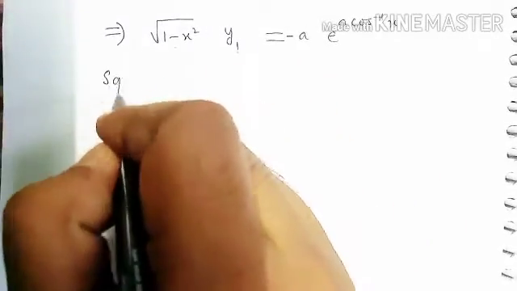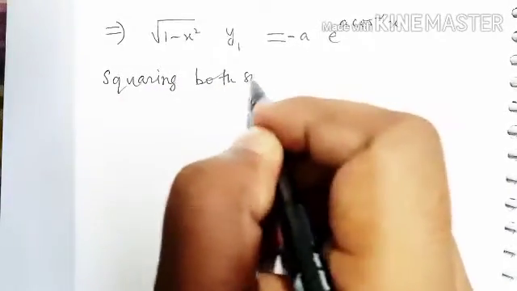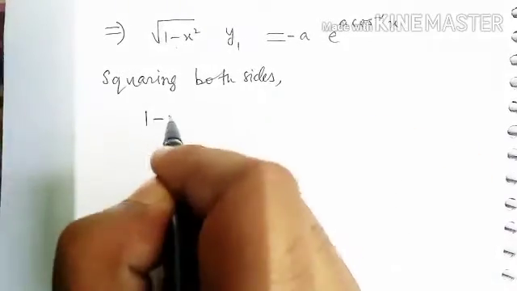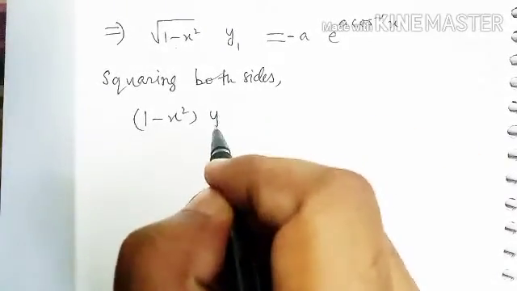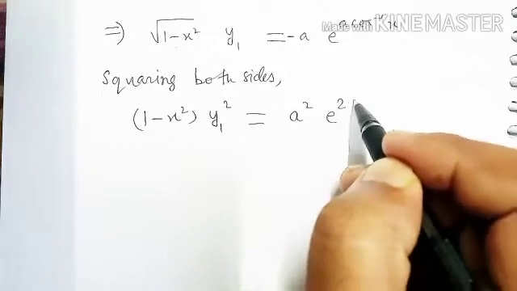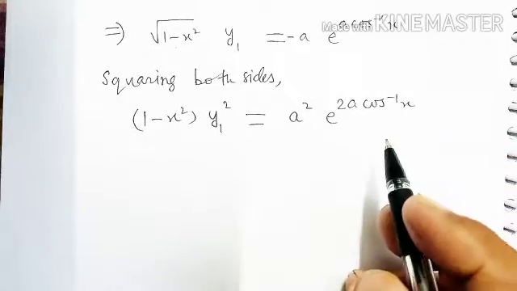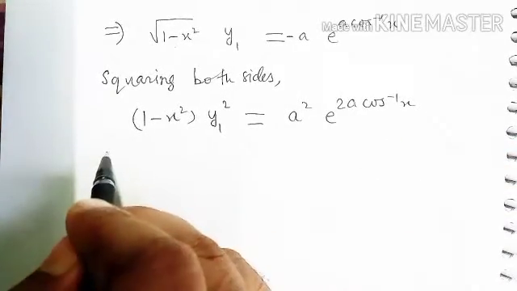Squaring both sides, 1 minus x square y1 square equals a square e to the power 2a cos inverse x.